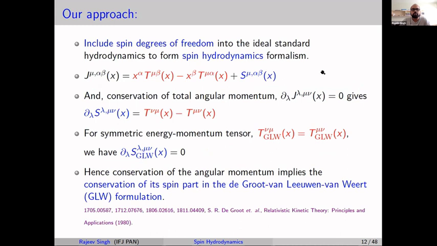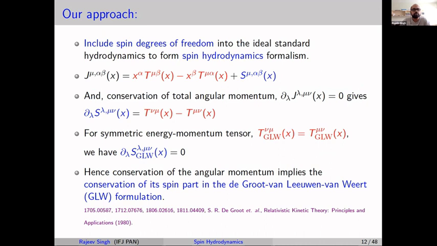Okay. So till now, the point is that all the hydrodynamical models which have good agreement, or which are trying to explain the experimental data, have in mind the standard perfect fluid hydrodynamics, which assumes the local equilibrium of the spin degrees of freedom.